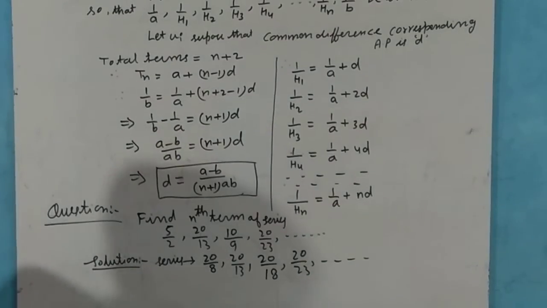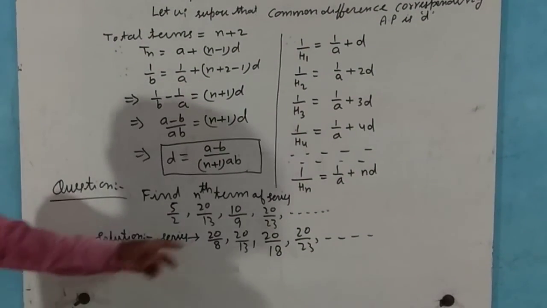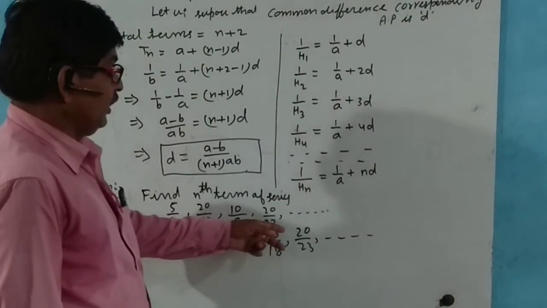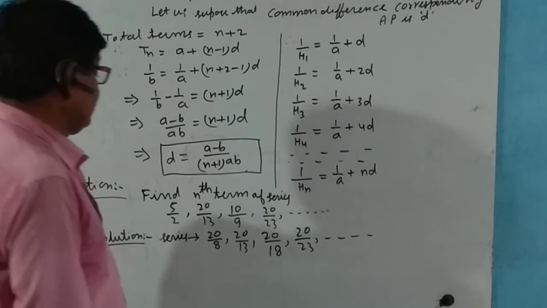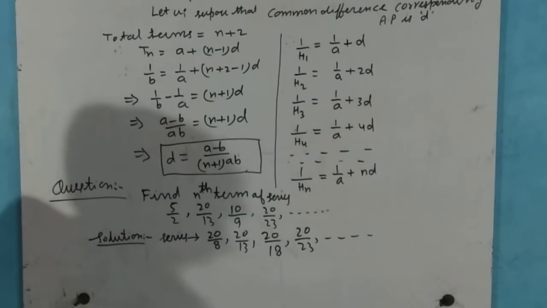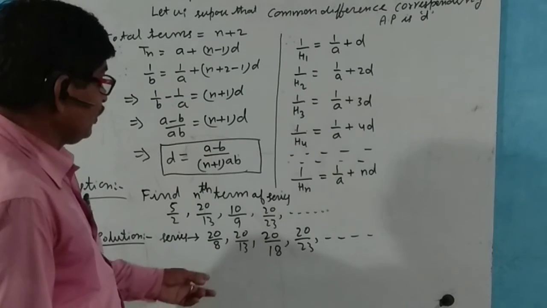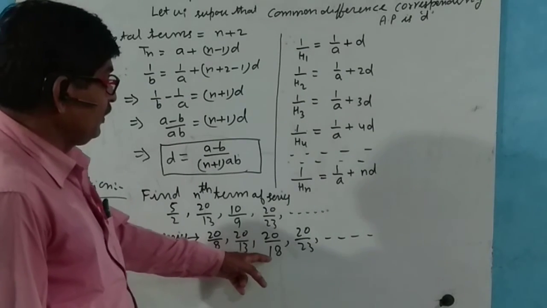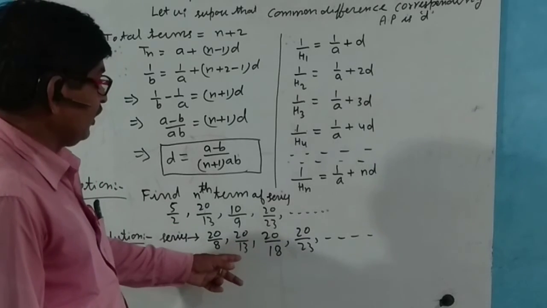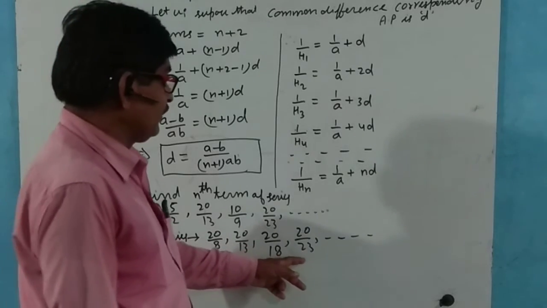Now we see this series. In the numerator there is 20 in every term, and the denominators are 8, 13, 18, 23: 8 plus 5 is 13, plus 5 is 18, plus 5 is 23.